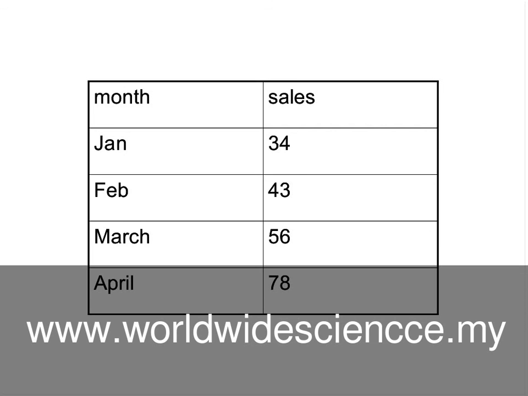I think you are tired now, and if I go ahead, you will be confused. But it's very easy. The month is X, the sale is Y. January is 1, February is 2, March 3, April 4. Don't forget this.